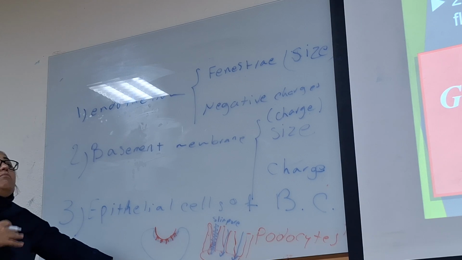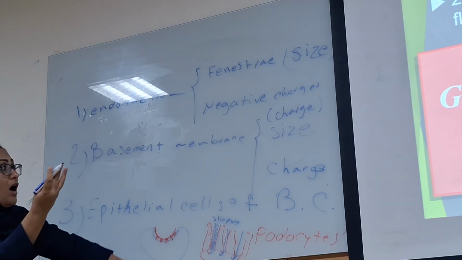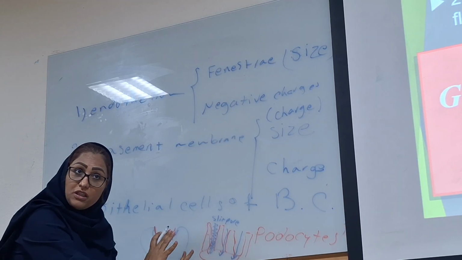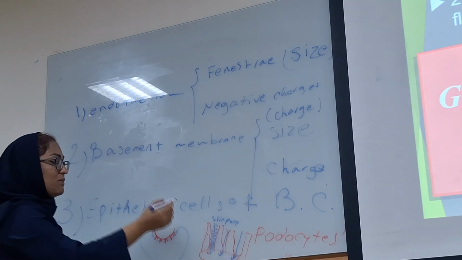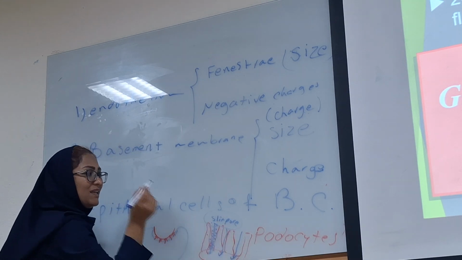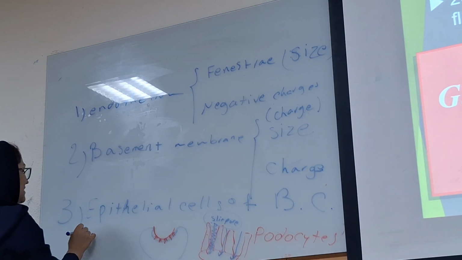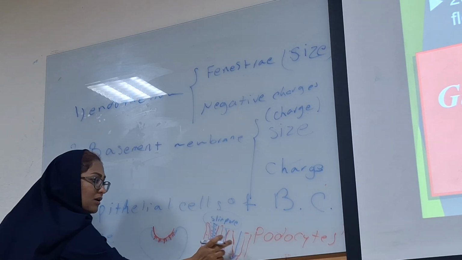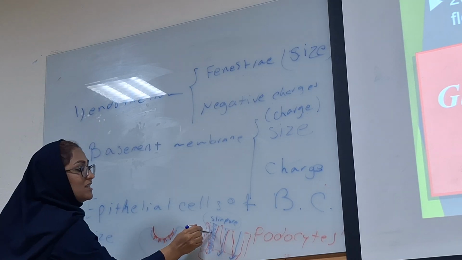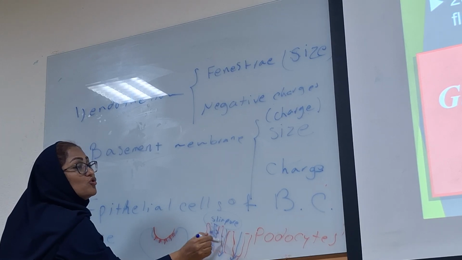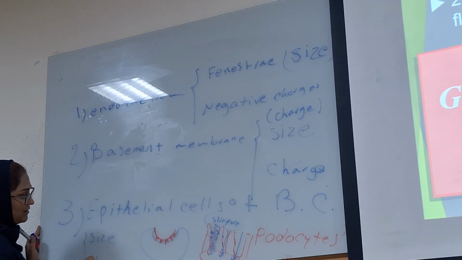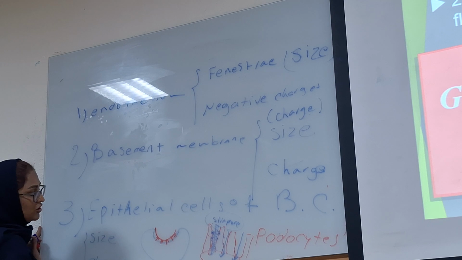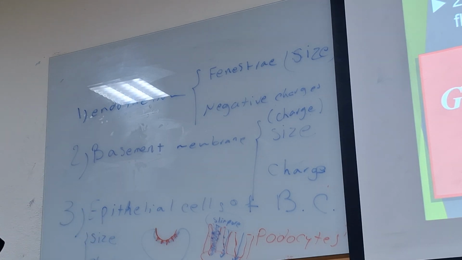Everything which can pass based on size and charge, up to here. It means the slit pores separate substances based on size. And proteins here have negative charges, so it separates based on charge too.